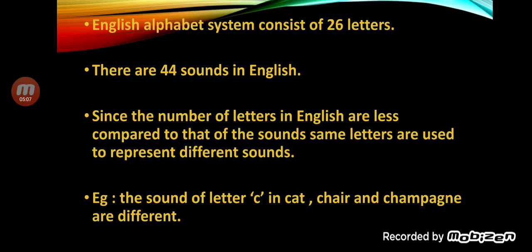And in champagne, the sound produced by letter C is sh, champagne. So what is happening? Using the letter C, we produced 3 sounds. Why is it so? Because the number of letters in English language is less compared to the number of sounds. So we have only 26 letters, but you have to produce 44 sounds. So you have to use the same letter to produce different sounds. Hope you are getting it.